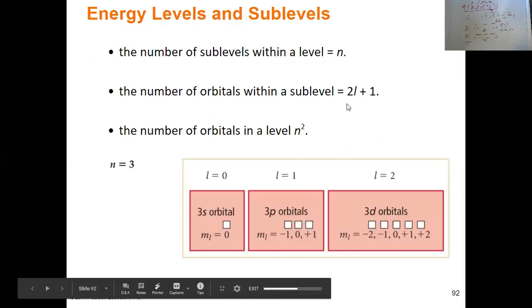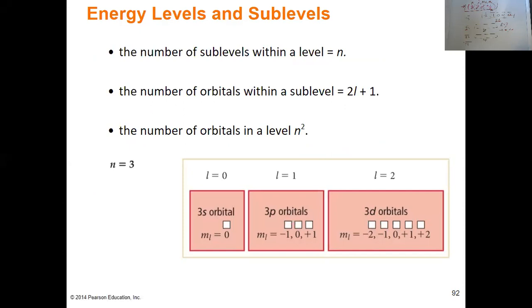Now here are some interesting ways to do some counting with your orbitals and your sublevels. You might have to figure out how many sublevels are in a particular energy level. The number of sublevels is always going to be equal to your n value.